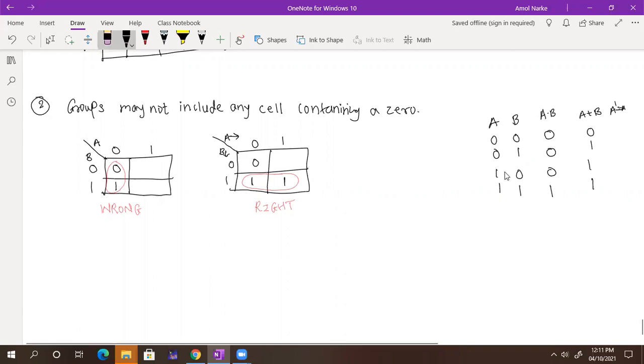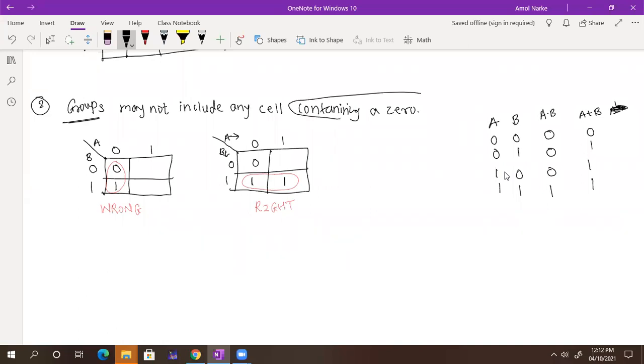My point is whatever outcome we are getting here. Whenever we have, suppose, 0 here and 1 here, this is not a group. We need to make a group, but there are certain conditions to make a group. That group may not include any cell containing 0.